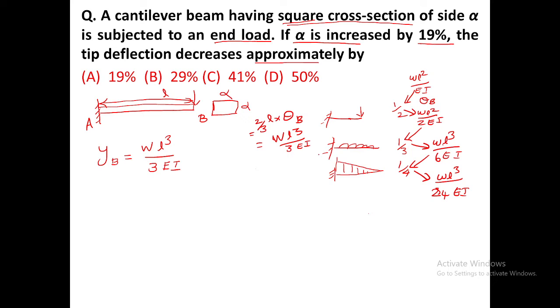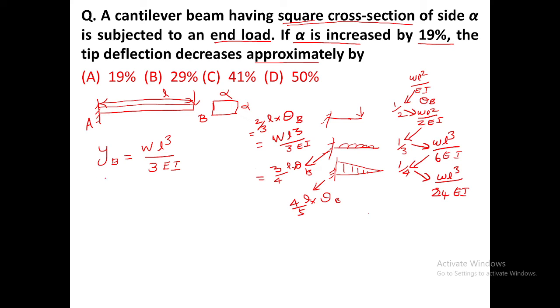So next, this one is multiplied with 1/3 completed, so 3/4 L into theta. So this one also 1/4 completed, so 4/5 L into theta. So this is the shortcut. So YB here, YB equal to WL cube divided by 3I.